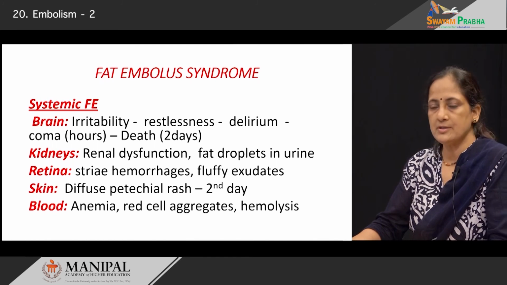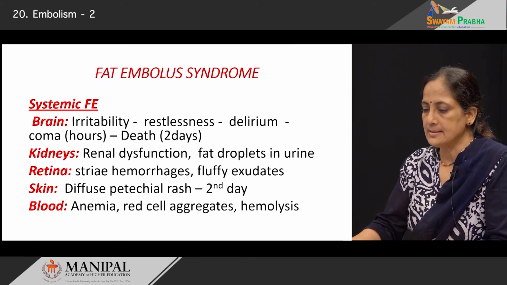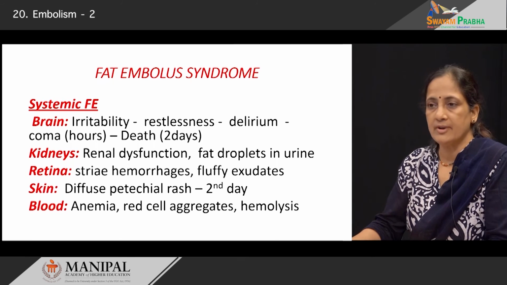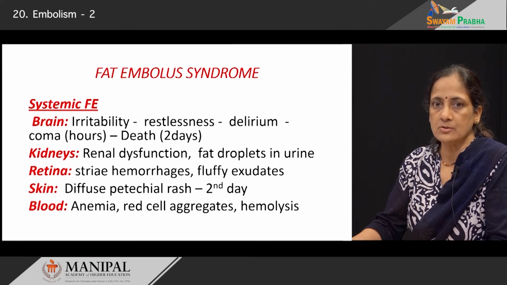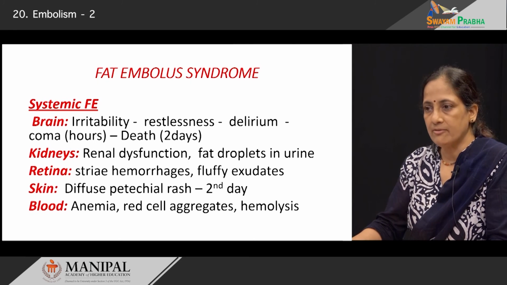When the vasculature in the brain is involved, it results in irritability, restlessness, delirium, coma which can last for hours, and finally death, which is usually within about 2 days of the episode. In the kidney, renal dysfunction can result and fat emboli are sometimes detected in the urine of the patient.